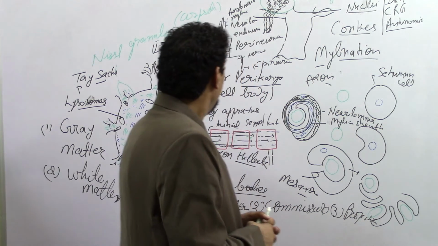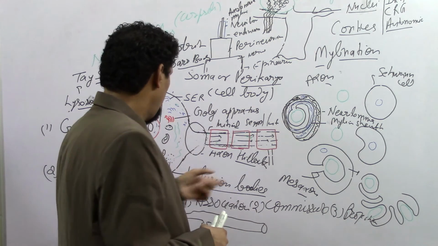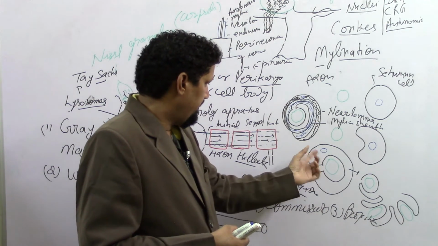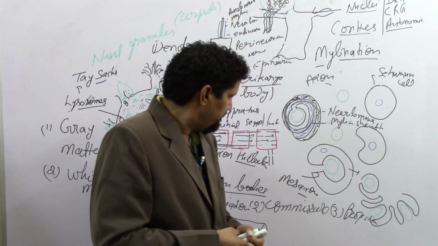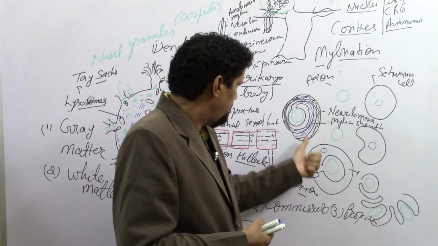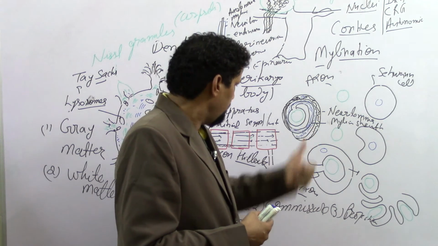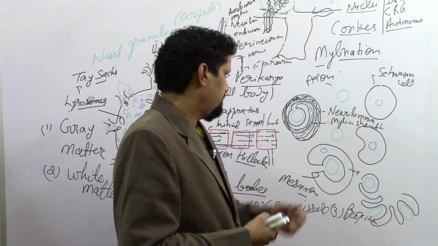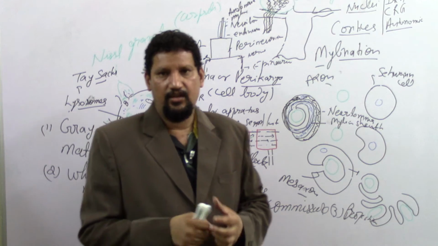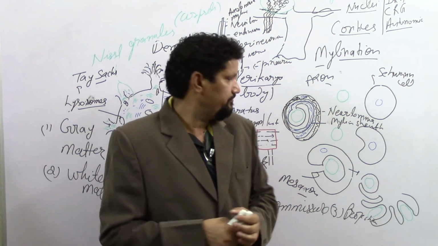So we have seen in this lecture the structure of the neuron and the formation of myelin. Myelin acts as an insulator, and it provides nutritional, structural and functional support to the axon, and it also plays a great role in the transmission or propagation of the nerve impulse, which I will talk about in my next lecture.